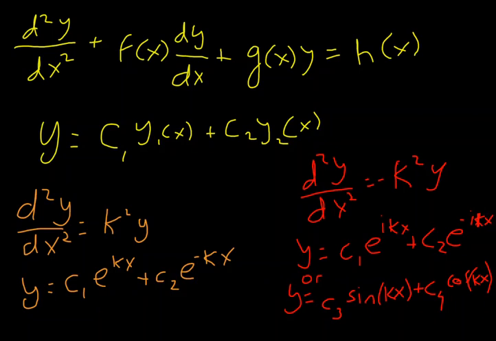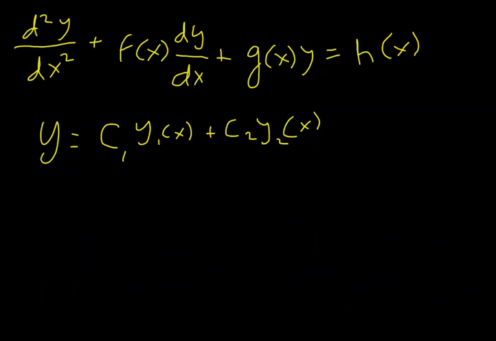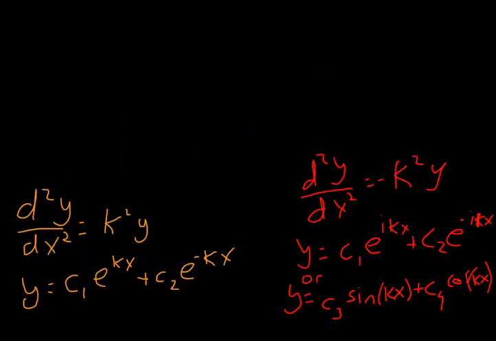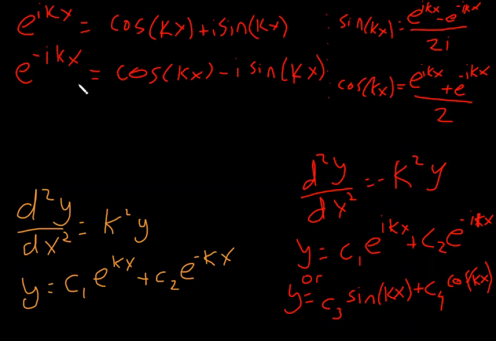And the reason you can write it in either way is this. We know that e to the ikx can be expanded into sines and cosines. Same thing with e to the negative ikx. But if you work backwards, if you solve for either cosine of kx or sine of kx using these equations, you can find that this also holds true.